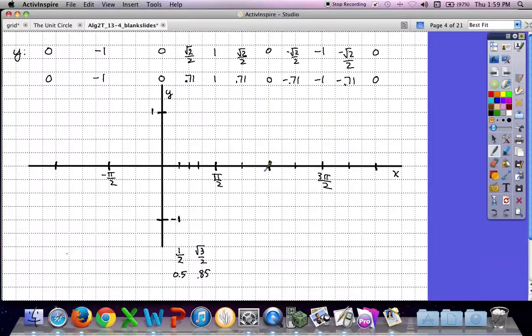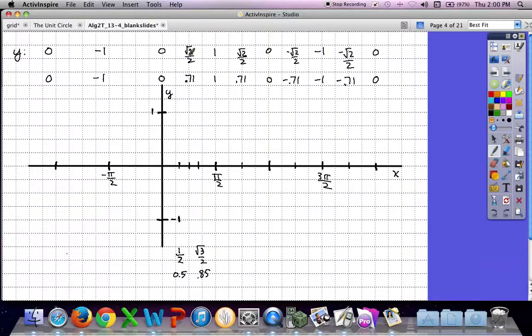The y values, how far we go up and down, will be the sine, the y coordinates from the points at those angles. So here are those values, 0, -1, 0. I'm just taking them off. Some of them are down here because there was not enough space. But I'm also turning them into decimals because I have to know how far I'm going to go up to graph that point.